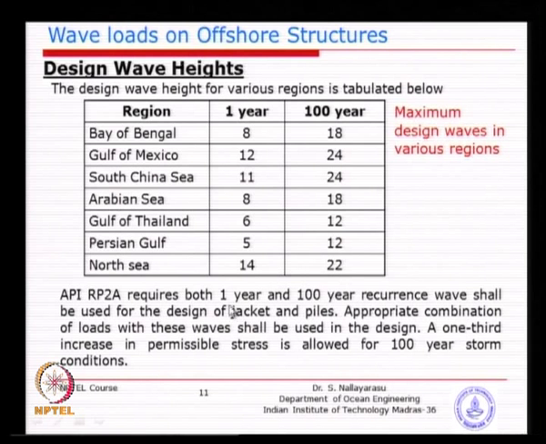During the operating conditions or normal platform operations, you may have to design for the 1-year wave, whereas in a special case where you may shut down or reduce the activities during the 100-year storm condition, you increase the allowable stresses in the structures. That is why we call them two different design conditions.